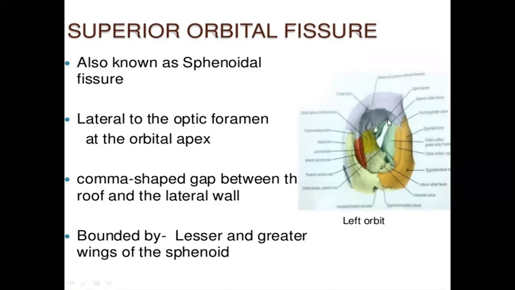So, the superior orbital fissure is a comma-shaped gap present between the posterior part of the lateral wall of the orbit and the roof of the orbit. Now, next is about the communication. Through the superior orbital fissure, the orbit communicates with the middle cranial fossa.